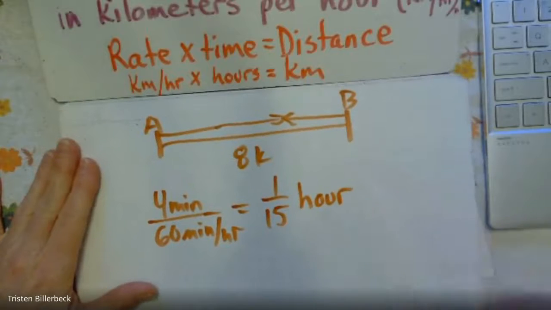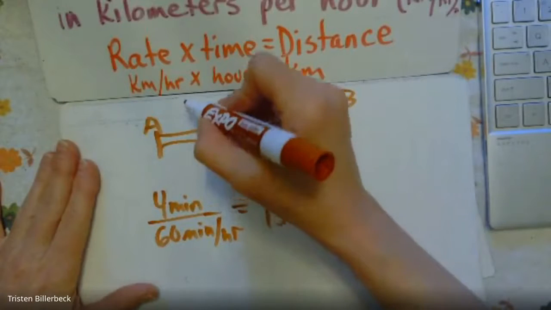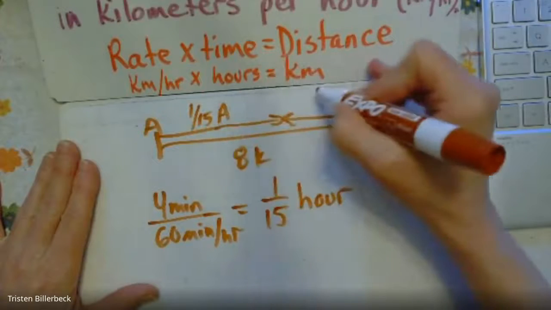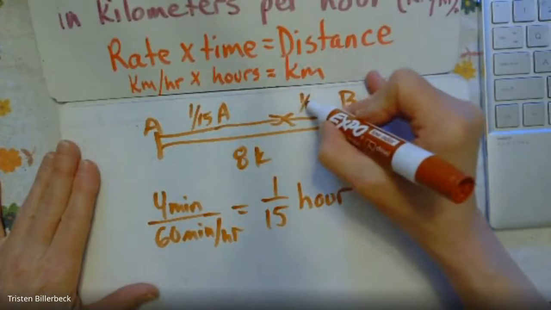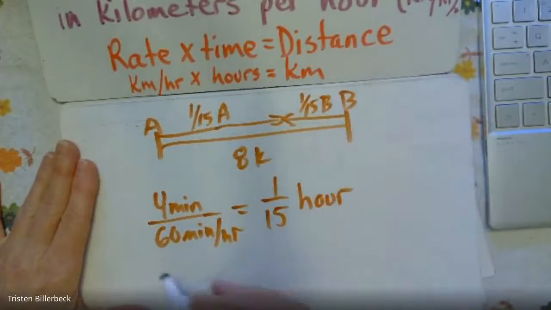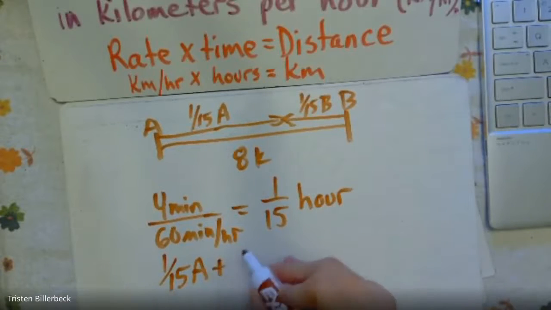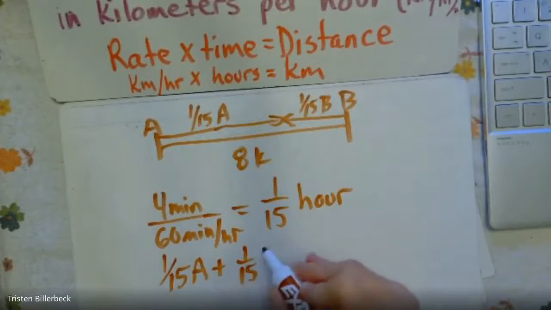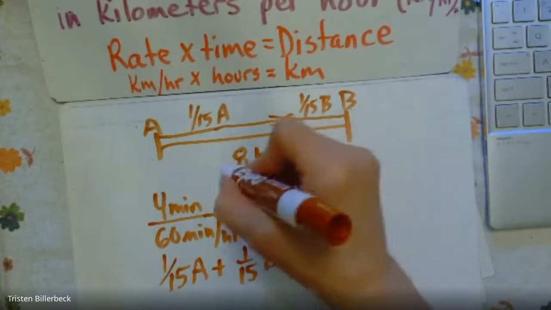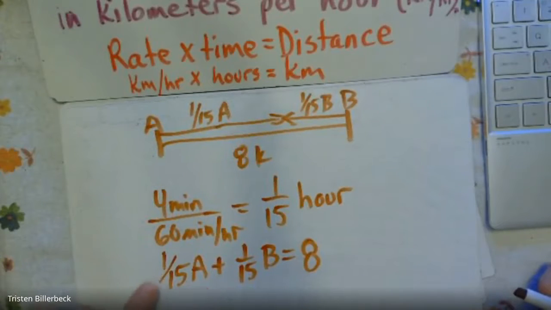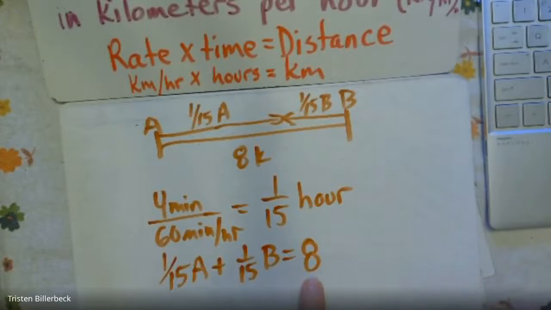Okay, so that means that if A is going 1/15 A and 1/15 B, so 1/15 A plus 1/15 B is going to equal 8 kilometers because we did rate times the time, 1/15 of an hour, equals 8 kilometers.